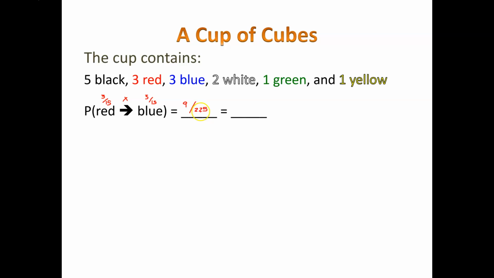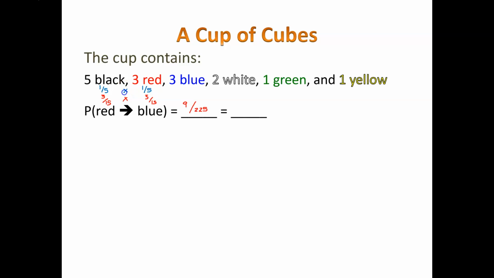We could also do our simplification back here before we multiply, because 3/15 can be simplified. 3 and 15 are both divisible by 3. 3 divided by 3 is 1, and 15 divided by 3 is 5. Same thing over here, 1/5.